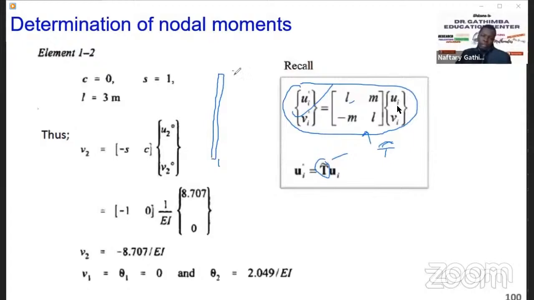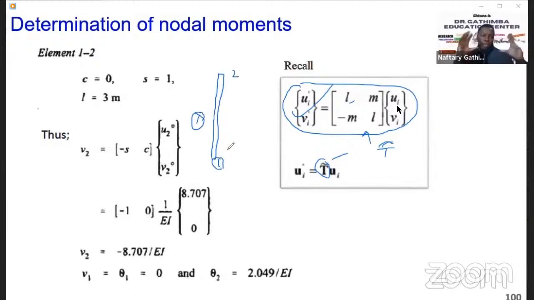This is 1, this is 2. This is node 1, node 2. We said for the element, that's when we circle the element numbering. Node 1, node 2.